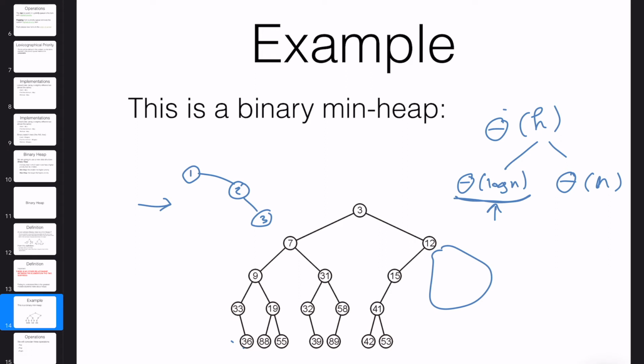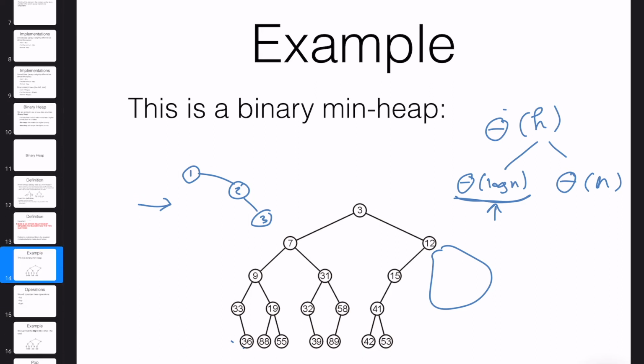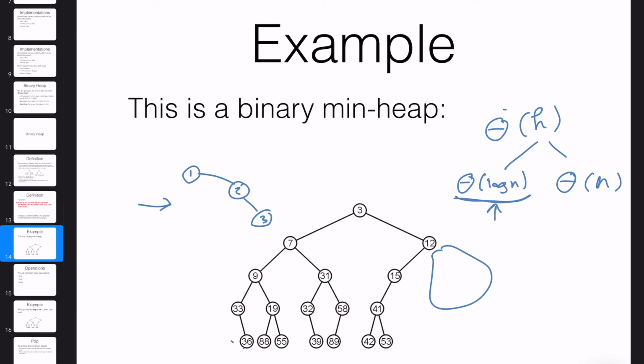How we can implement a binary heap in a specific form that is going to give us theta of log of n as the height of the tree. So let's forget about how to make sure this is balanced and just stick to the binary heap.